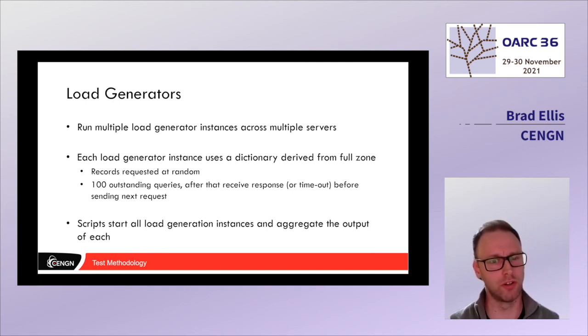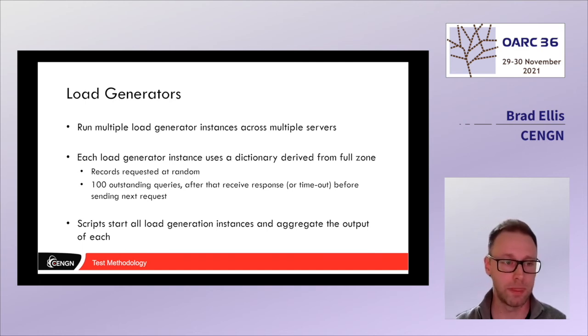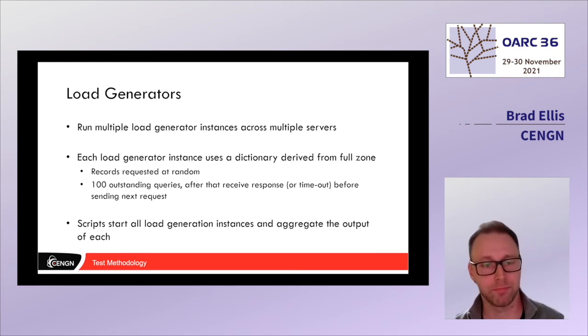What's worth noting is that even though we used a dictionary derived from the full zone, we didn't find an appreciable difference between using a full dictionary or using a smaller dictionary of only, say, 1,000 different queries to send. We just made sure that we were doing a number of different types of record requests. So like A's, quad A's, NS, DS, etc.